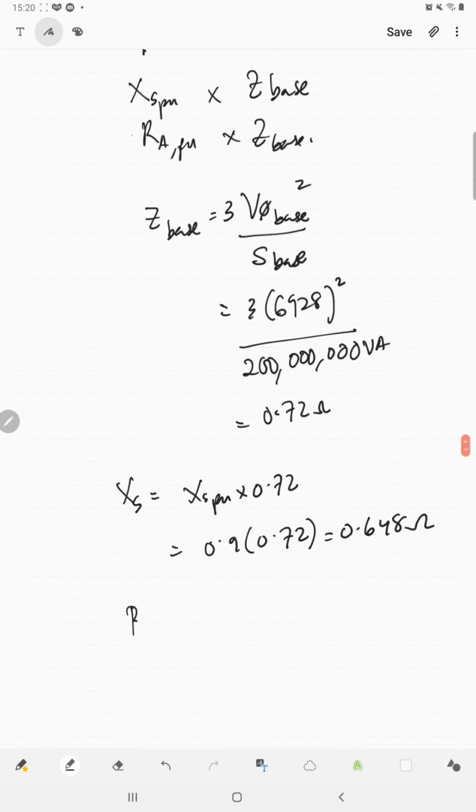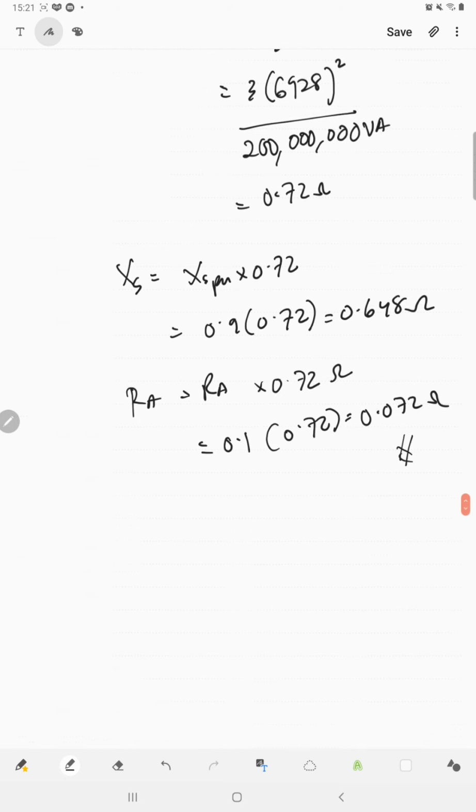And RA is RA PU times 0.72 ohm, not divided. RA PU is 0.1, so 0.1 times 0.72 will give you 0.072 ohms. So this is the armature resistance and synchronous reactance in ohms.